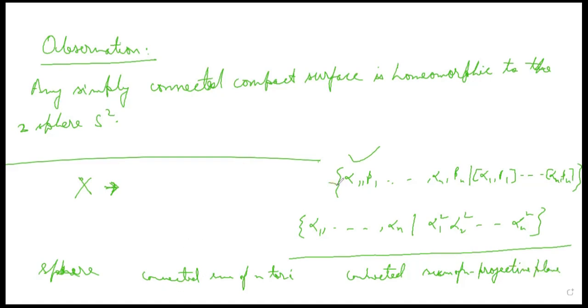Its fundamental group is this, and its fundamental group is this. Because X is simply connected, its fundamental group is trivial. So this cannot be homeomorphic to this. Similarly, this cannot be homeomorphic to this. So hence it has to be homeomorphic to the sphere.